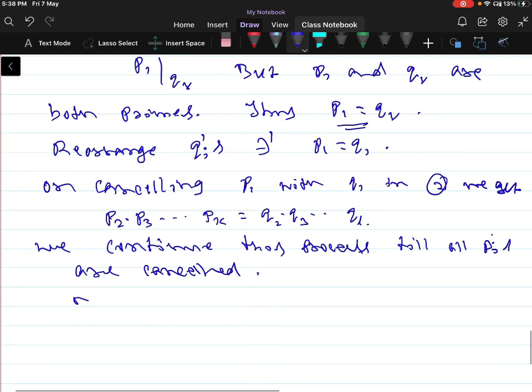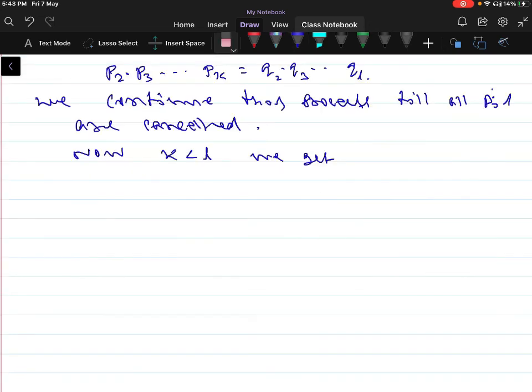Now, k less than l, we get 1 is equal to q(k+1) into q(k+2) and so on into ql.